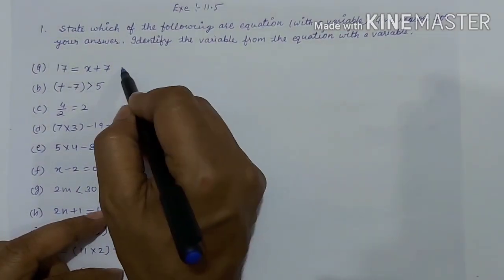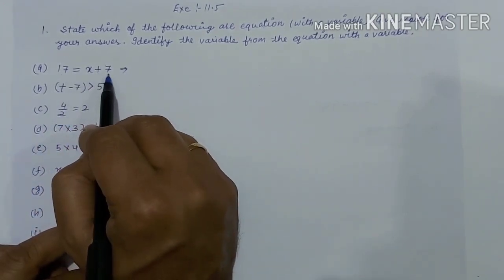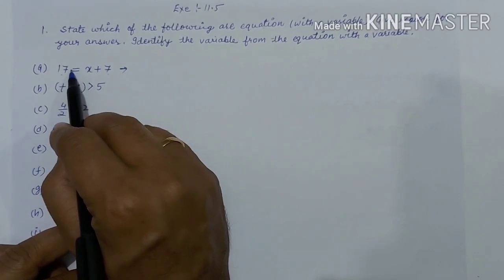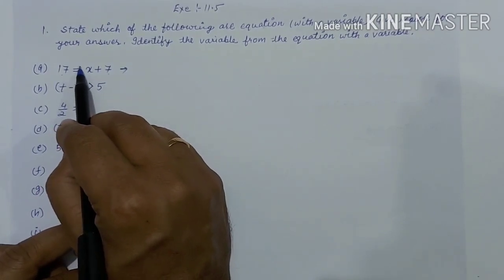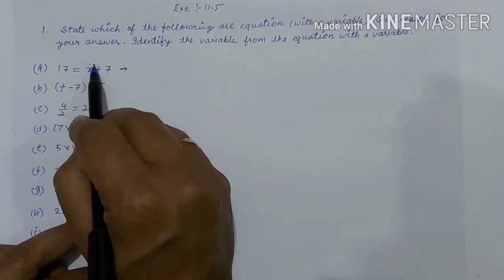Okay, the first is 17 equals x plus 7. The sign is equal to, it means this is an equation, with 17 on one side and x plus 7 on the other. Here x is a variable.